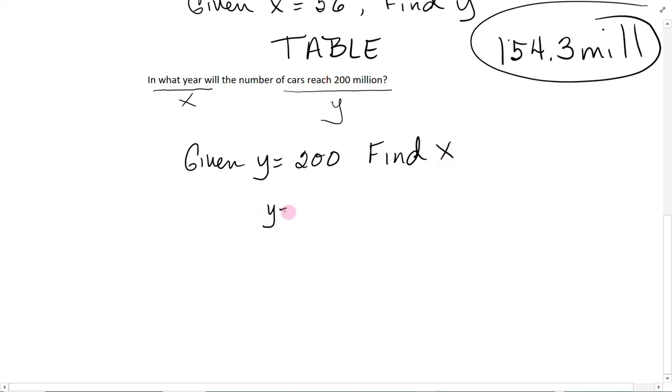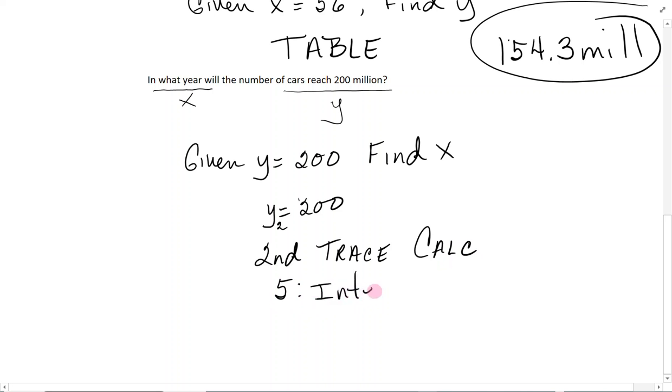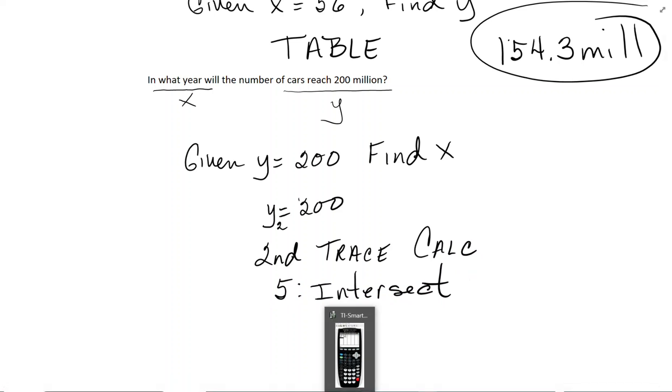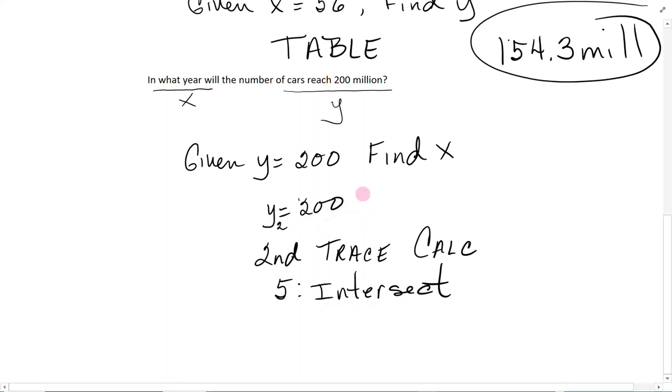How do I do this one? I do the Y equals, and I'll put in 200. Y2 will be that. And then I will do second of the trace key, which is calc, and I'll do number 5, which is intersect. By the way, after I have this Y equals 200, I'm probably going to have to set a new window to see it.